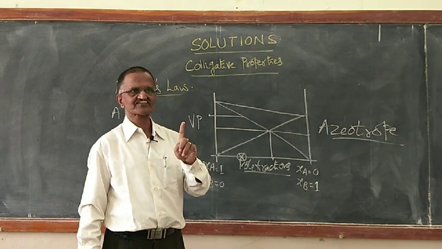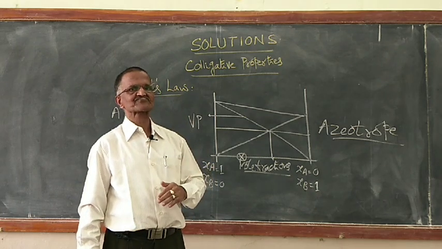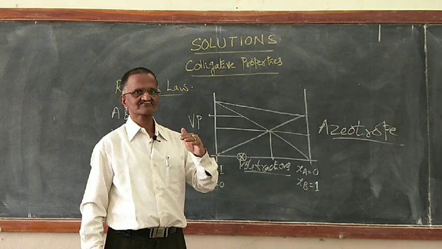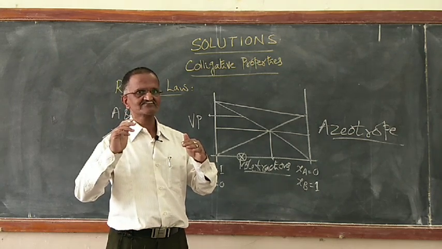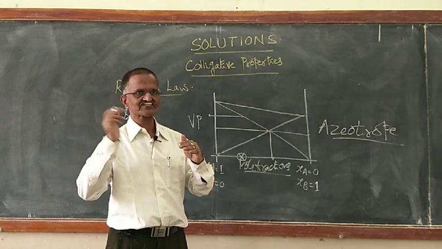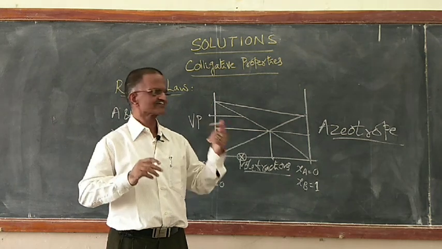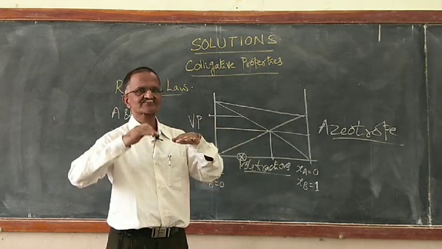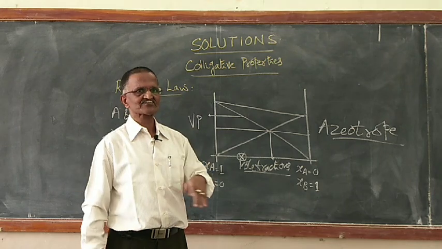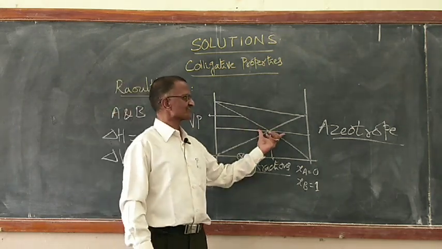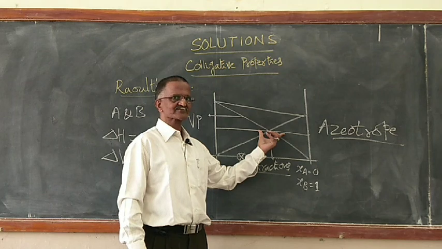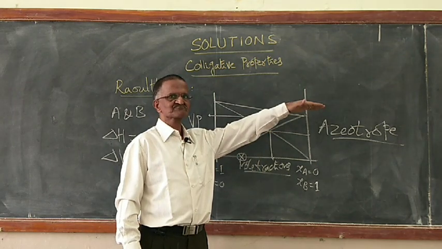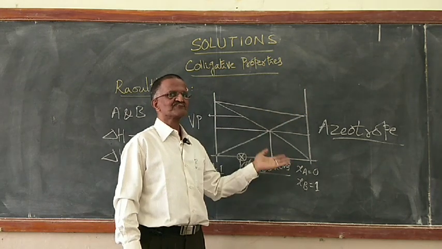Boiling point is the temperature at which the vapor pressure of the liquid, yes, vapor pressure of the liquid, one component. Here two components, vapor pressure of both the components together is equal to atmospheric pressure. So at the temperature at which the total vapor pressure of both together becomes equal to atmospheric pressure, boiling will take place.